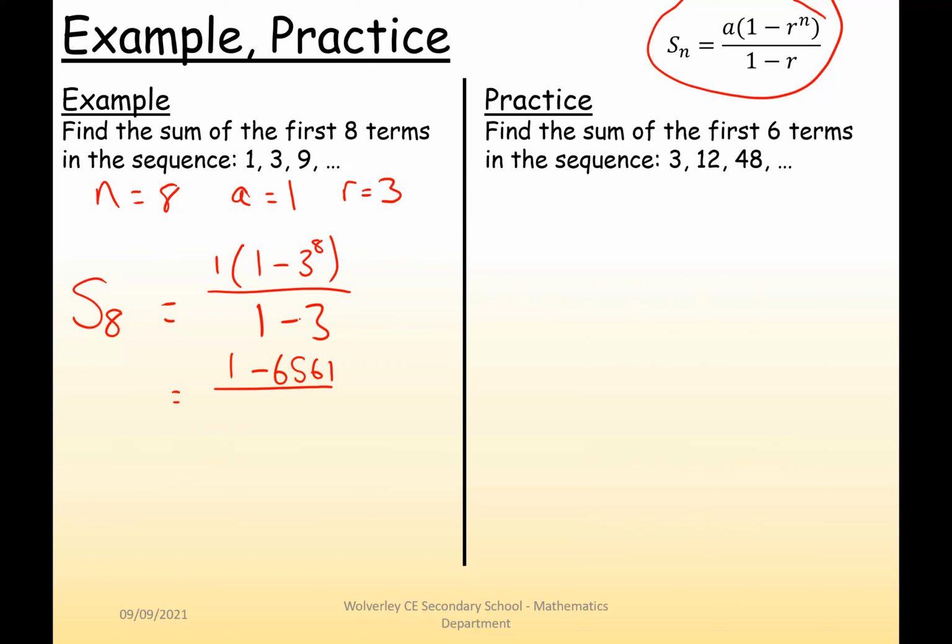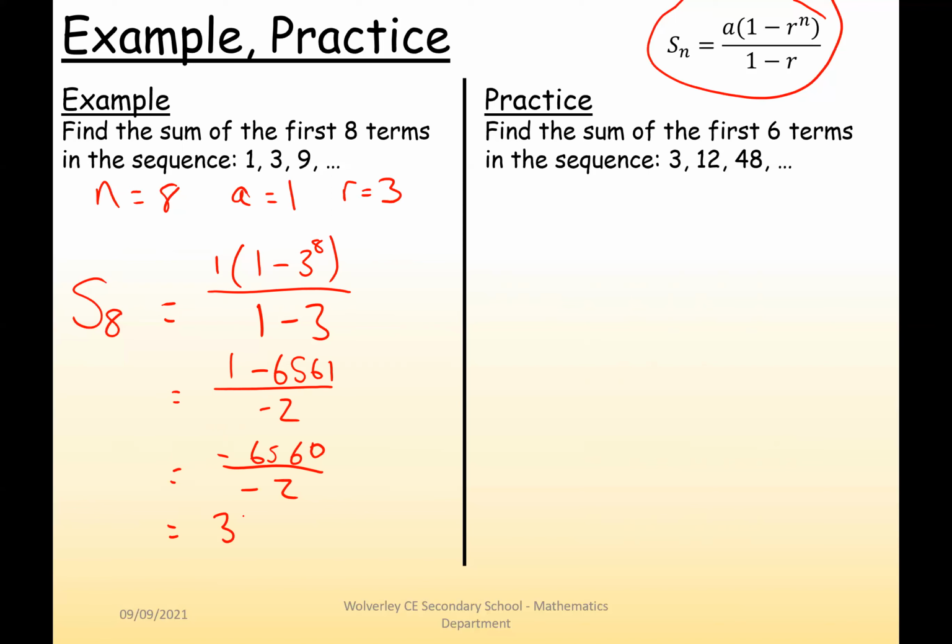Then we've got 1 minus 3, which is -2. If we tidy up the numerator, we've got -6,560, and we've got -2. So our final answer is 3,280.